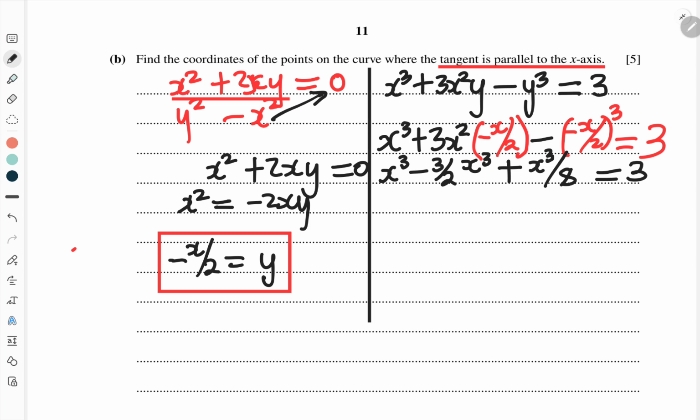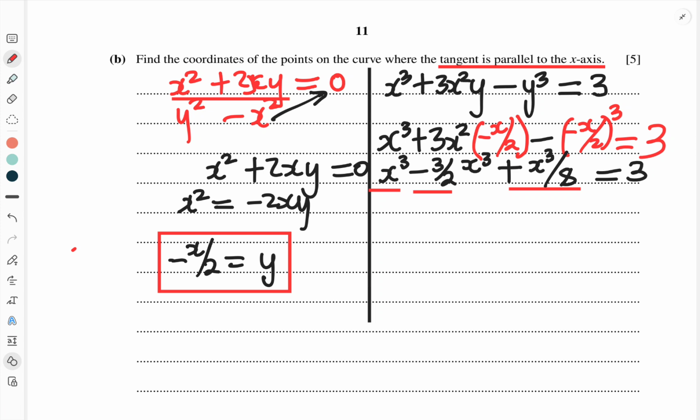All right. So now that I have equated this to 3, we now solve for our x. I'm going to have to add our x terms. So we have 1 x cubed, subtracting 3 over 2 x cubed, then adding 1 over 8 of x cubed.